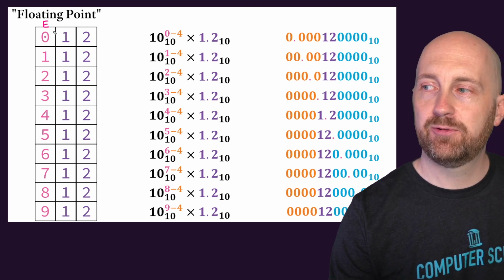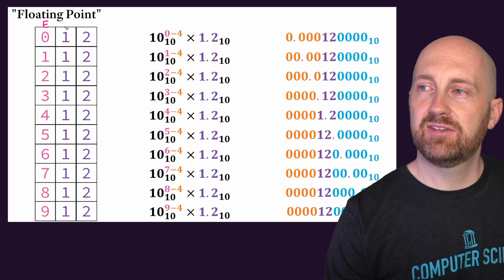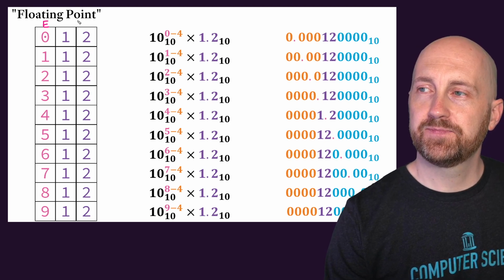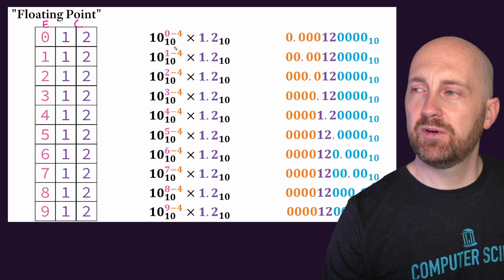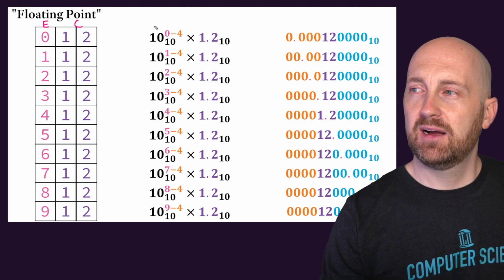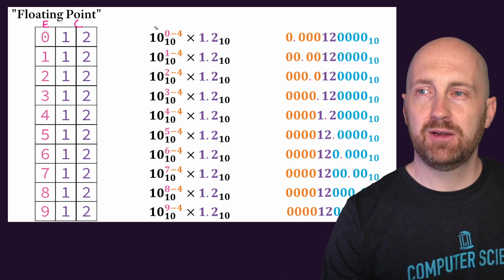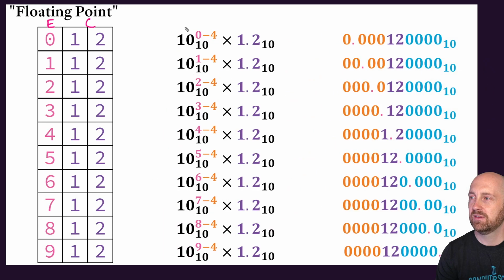So we still need to subtract 4 from each of these. And these are going to be our significand digits. And what we're saying here is, okay, the expression that we're going to use to evaluate what this means is 10 to the exponent digit, which is 0, minus our bias, which is 4, multiplied by 1.2 because our decimal is still implicit here, all right?